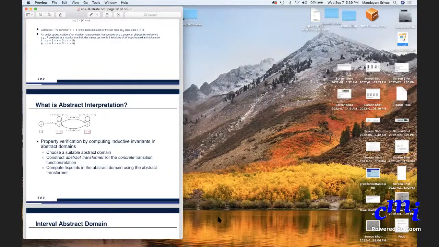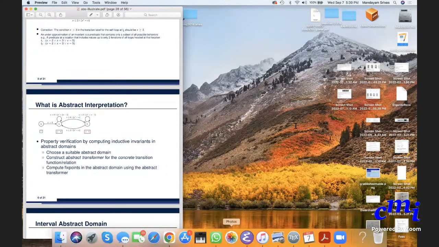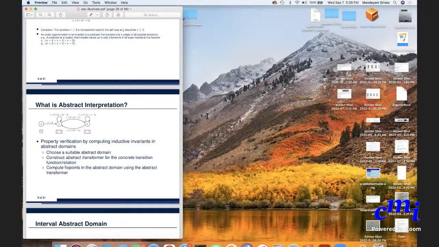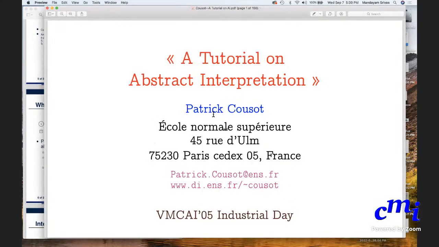It's a husband and wife pair, Patrick and Radhia Cousot. Radhia is no more; his wife passed away, and they are credited with inventing abstract interpretation, which is one popular technique, not the only one, for computing inductive invariants in these abstract domains such as intervals, signs, and polyhedra, and so on.